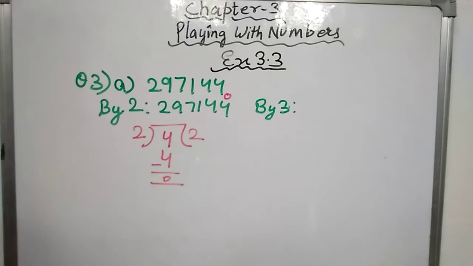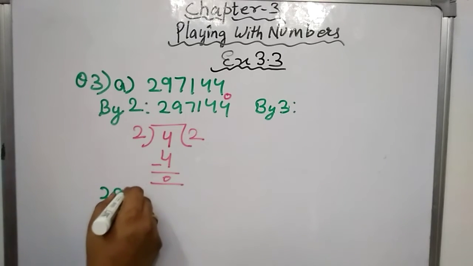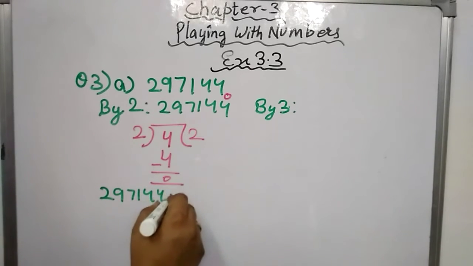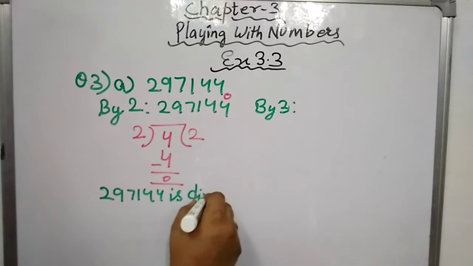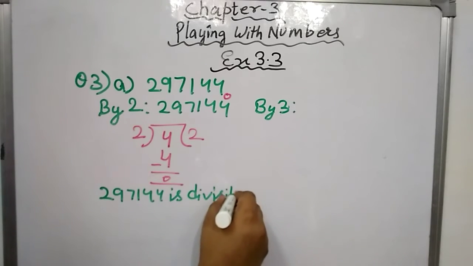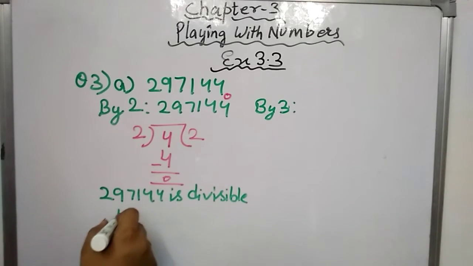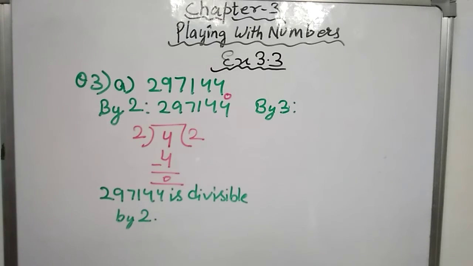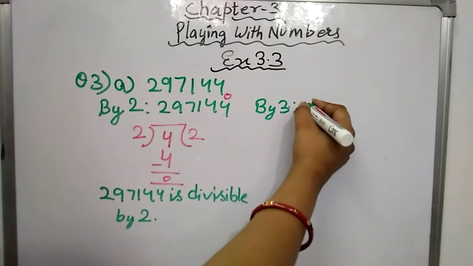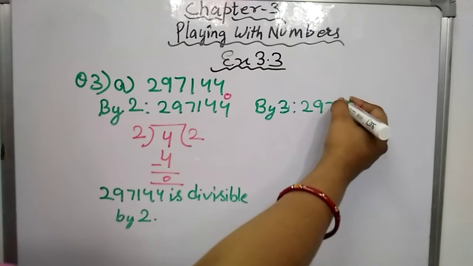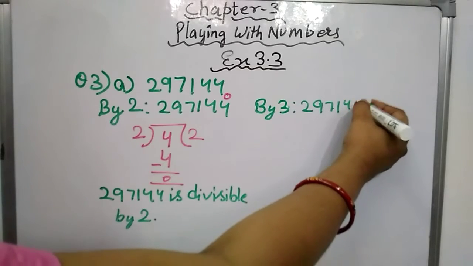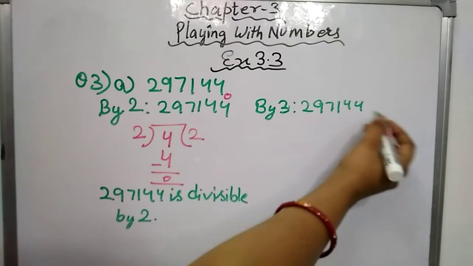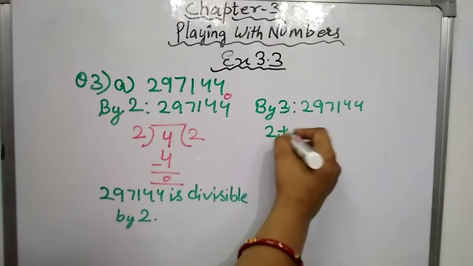So this number is divisible with 2. With 3, test of divisibility by 3 says to add all the digits of given number.